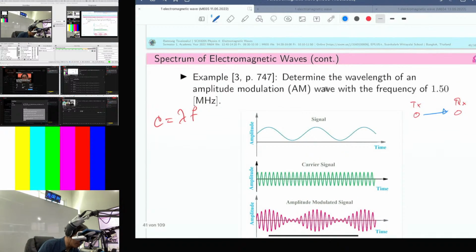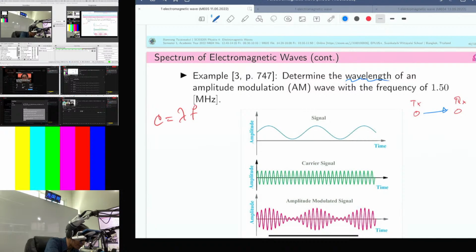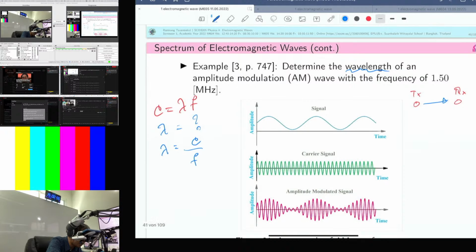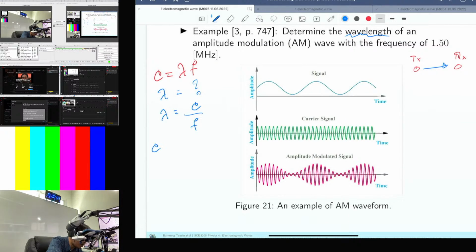The way to compute is quite simple because they want to find the wavelength, right? So it's lambda. You need to move f, which is another variable, to the left hand side, and here you get lambda equals c divided by f. As you know, at high school level, c is 3 times 10 to 8 meters per second, right?